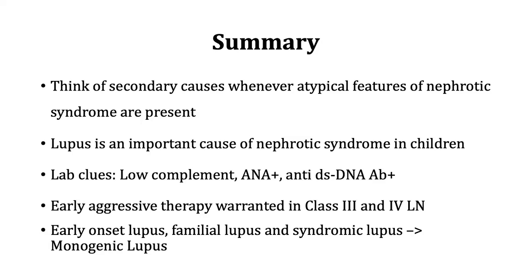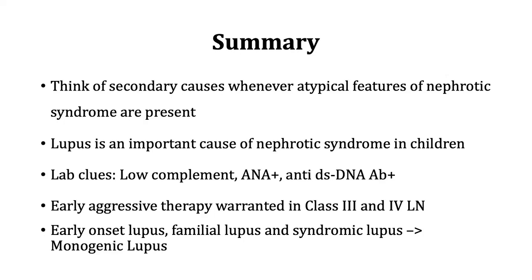So actually, the issue here is that KDIGO guidelines and all guidelines are adult guidelines. And here the cutoffs for proteinuria are very much higher than what is emphasized by pediatric nephrologists as a whole. So this is not based on guidelines.